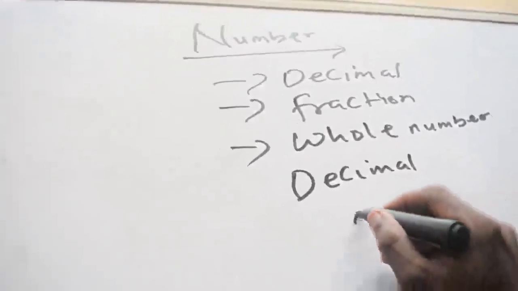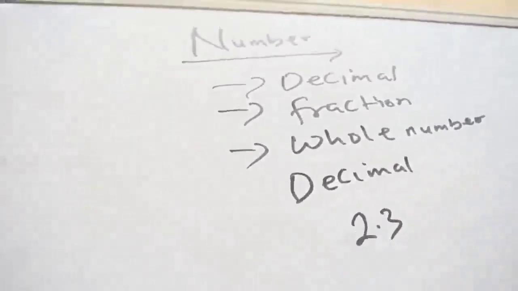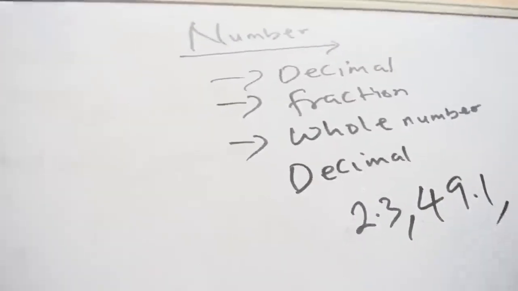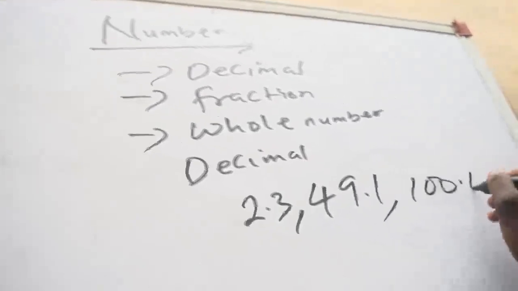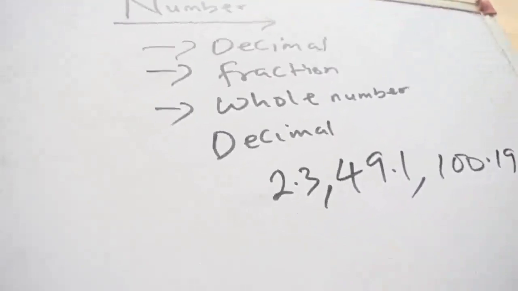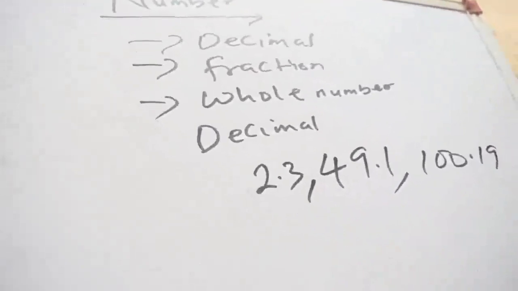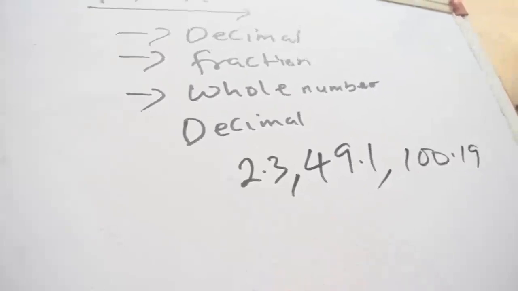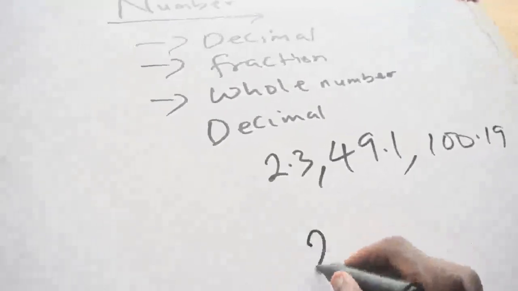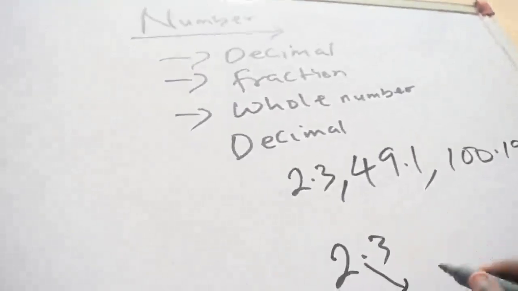For example, we have 2.3 as a number, we have 49.1 as a number. A number could also be 100.19. What makes this a decimal is that 2.3 has a decimal point.